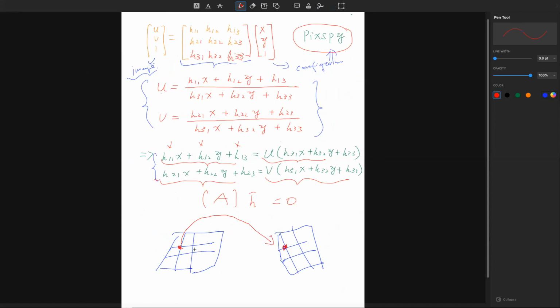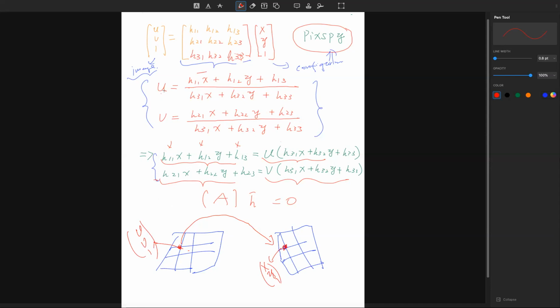So if these are corresponding, then this point should be x1, and this point should be uv1. When they are corresponding, you can get this equation. Once you understand that, there's a homography that maps this point to that point.